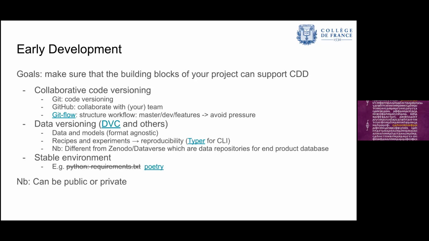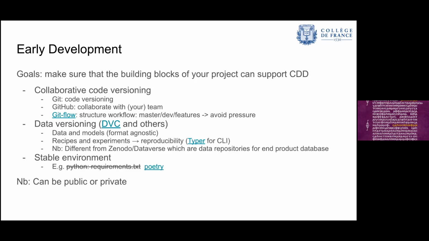So if you want to make sure the project is sustainable, then you should use a dependency package manager. For example, Poetry does a very good job at that, but there are some other ways to do so. That's really for the early development.